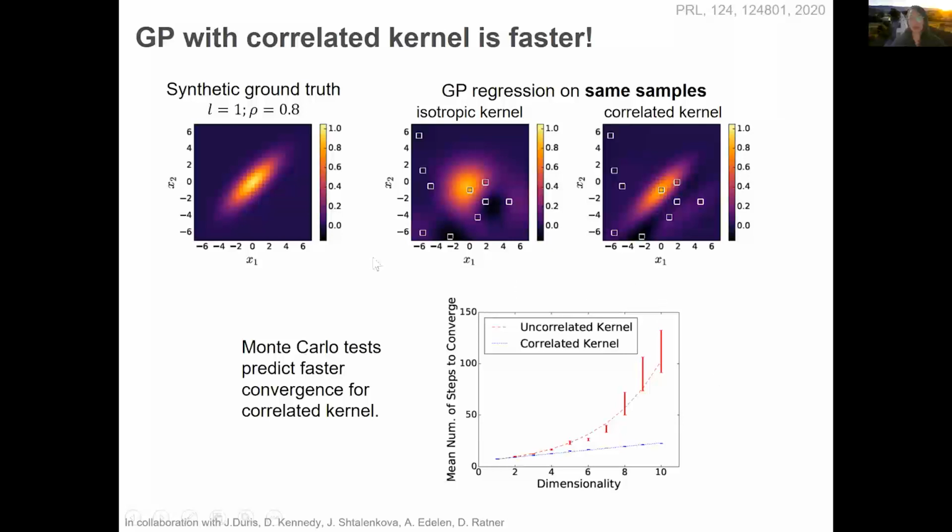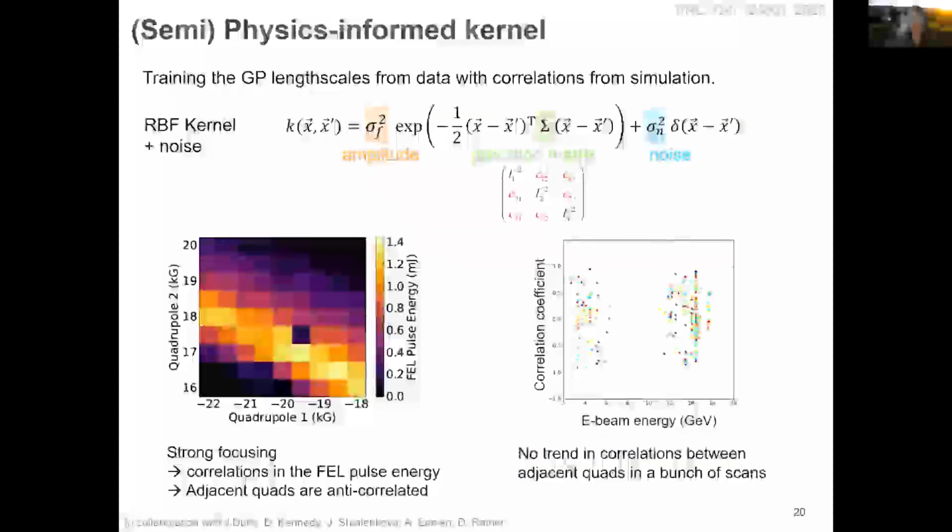Okay, so now we wanted to include those correlations. So this would mean having these off-diagonal elements in the precision matrix. But unfortunately, although we knew that they exist, we could not resolve them in the data.